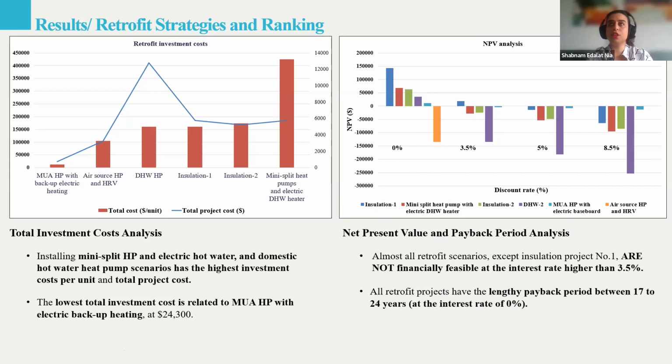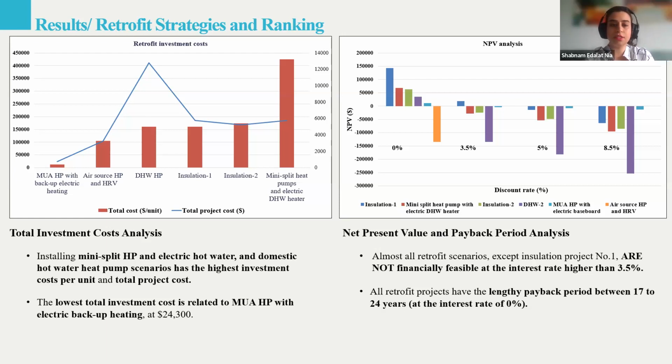So from the financial perspective, these retrofit scenarios are not really feasible to perform in buildings, especially mini split heat pumps that have the highest installation cost, highest investment cost per unit.